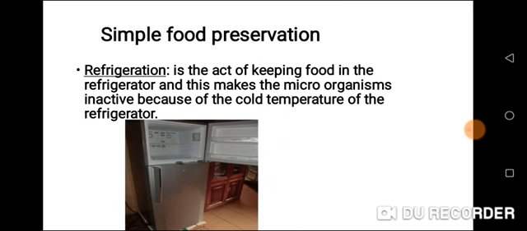Because microorganisms are already reacting on those foods. So that is why when the food is kept in the refrigerator, the cold temperature will make the microorganisms not to be active.